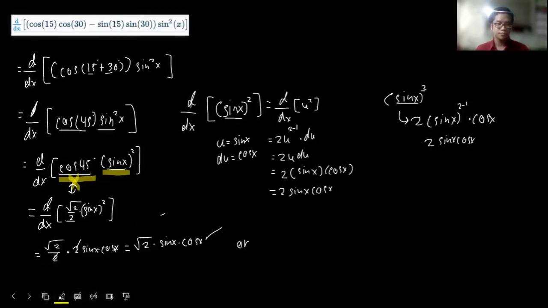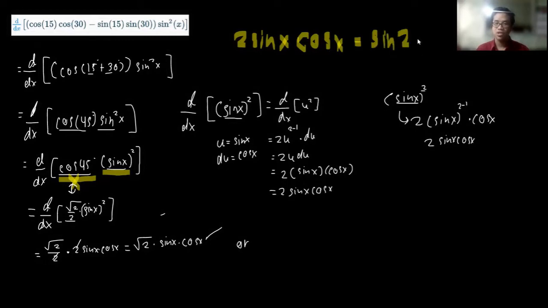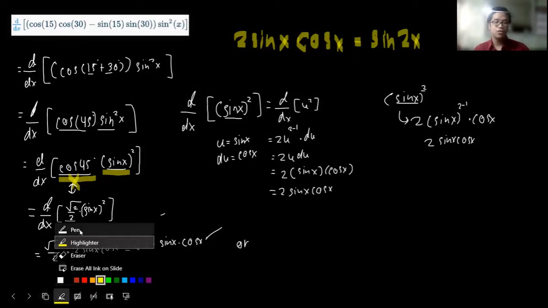So recall that 2 times sine x times cosine x is equal to sine of 2x. All right. So this is what? Double angle identities in trigonometry lesson. So you can substitute 2 times sine x times cosine x into sine of 2x.